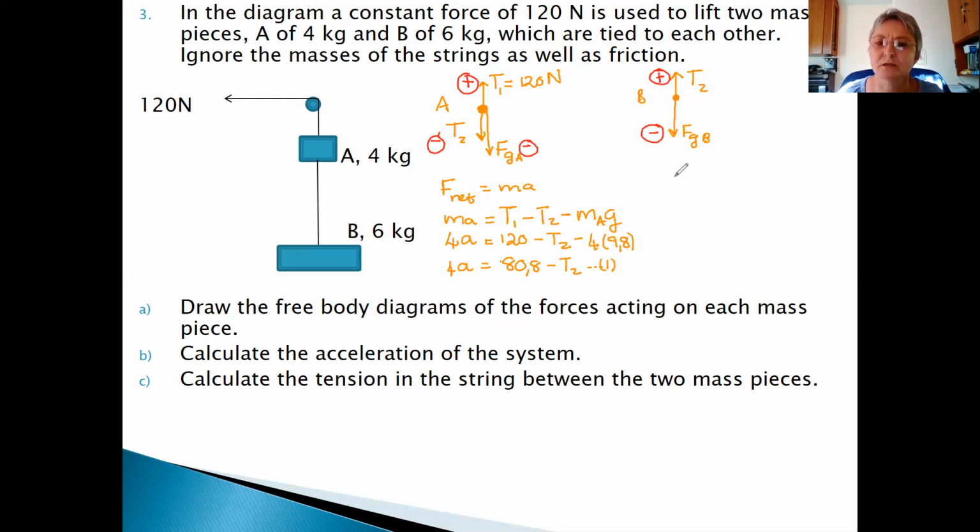The second equation, we do from B, so ma equals T2 minus mg, and this m would be B. So this is my 6 kg. 6 times a equals T2 minus 6 times 9.8. 6a equals T2 minus 58.8.